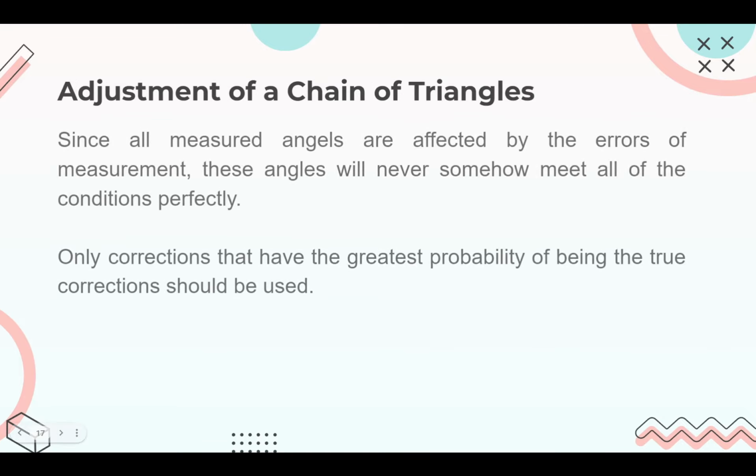Since all measured angles are affected by the errors of measurement, these angles will never meet all the conditions perfectly. It is therefore for this reason that there is a need to adjust observed angles so that only the accurate values may be determined. It is also logical to say that only corrections that have the greatest probability of being true corrections should be used.